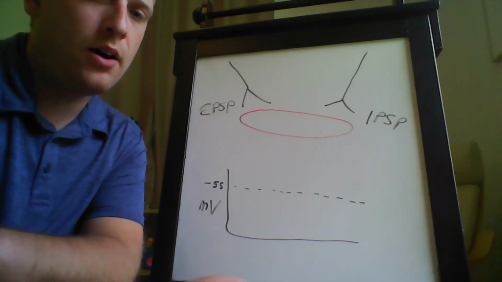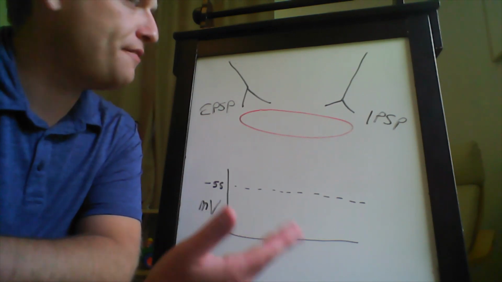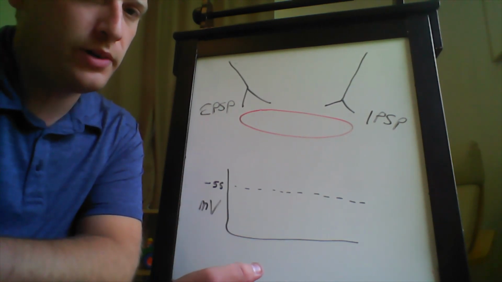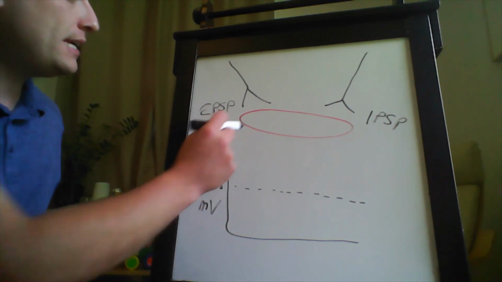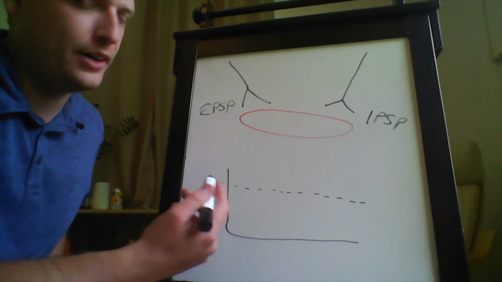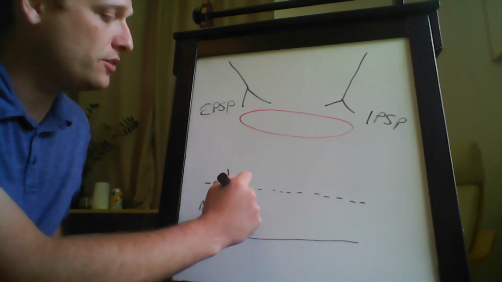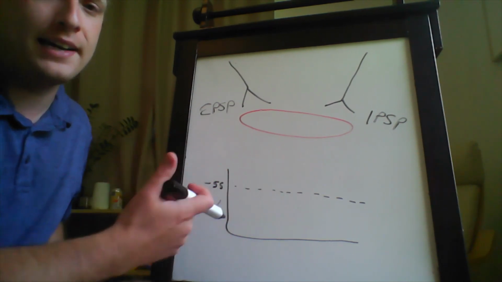Let's take a closer look at the effects that excitatory postsynaptic potentials would have versus inhibitory. So let's say we have some cell X here. We'll say it's a muscle cell, for example, and it has to reach a certain threshold in order to be activated.